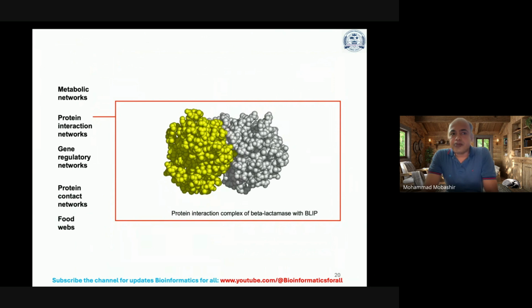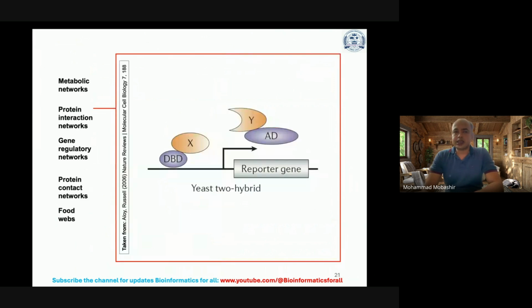Now, in protein interaction networks, you can see two proteins interacting with each other. Irrespective of the names of the proteins, you need to understand that more than one protein could interact and then regulate biological functions. Then here you can see Y2H and the reporter gene, and some other genes also possibly available.